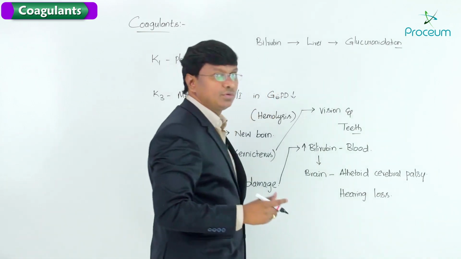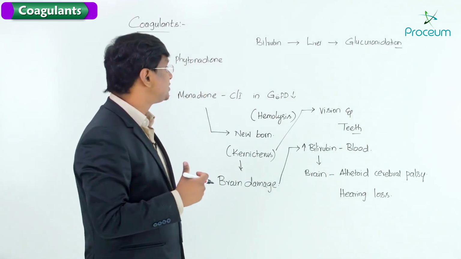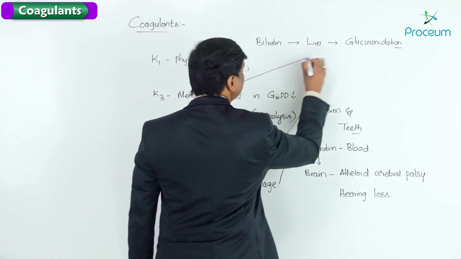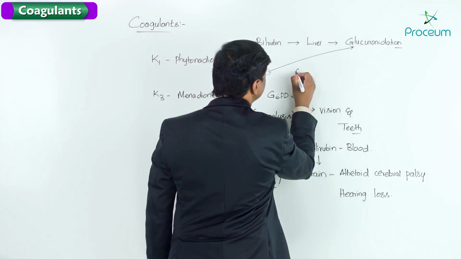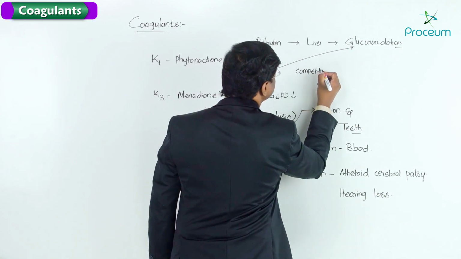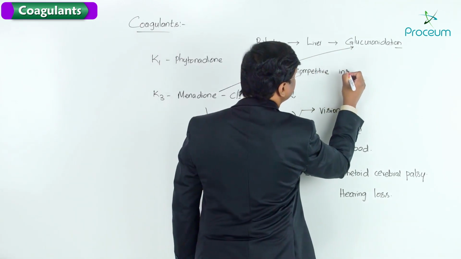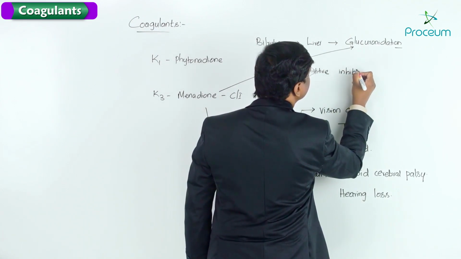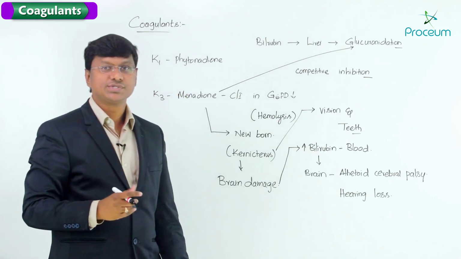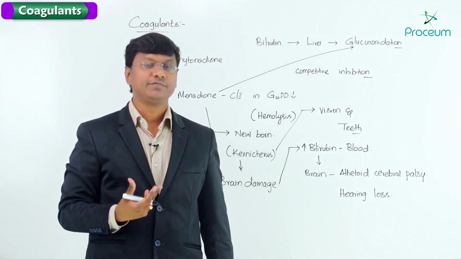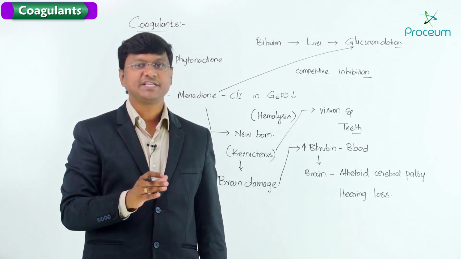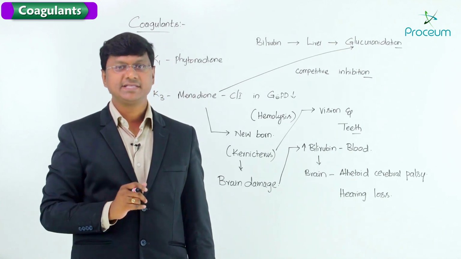Now, what will this drug do? It will cause competitive inhibition of glucuronidation of bilirubin and its displacement from plasma protein binding sites.